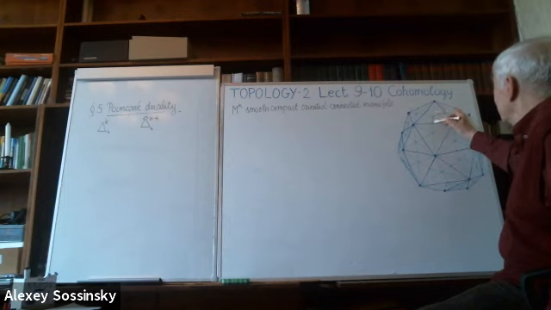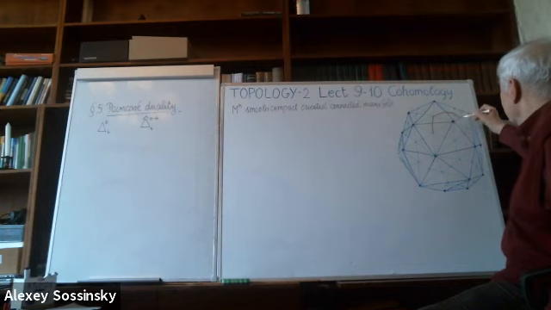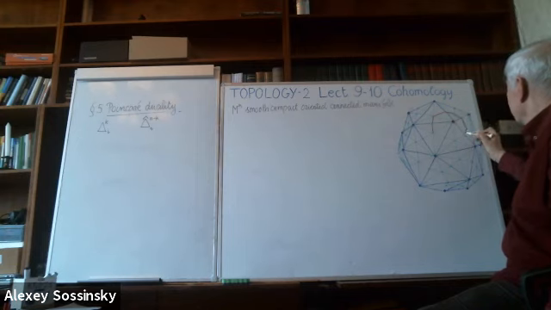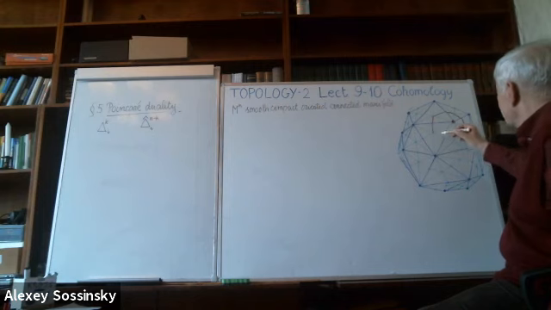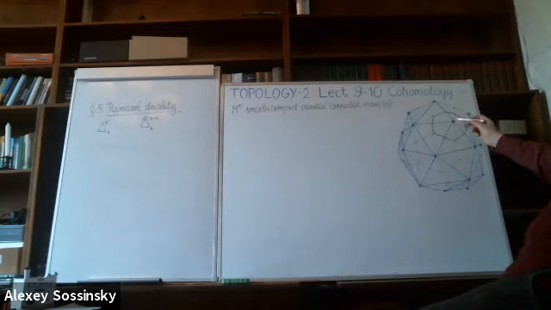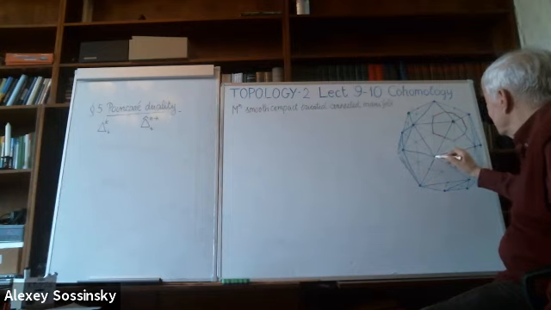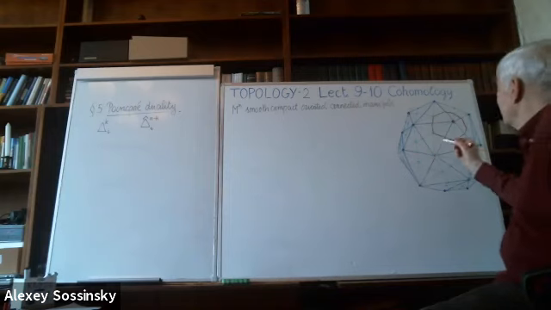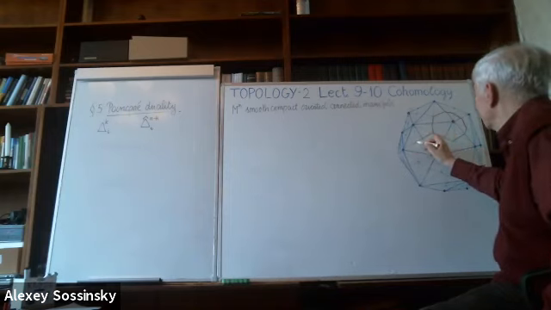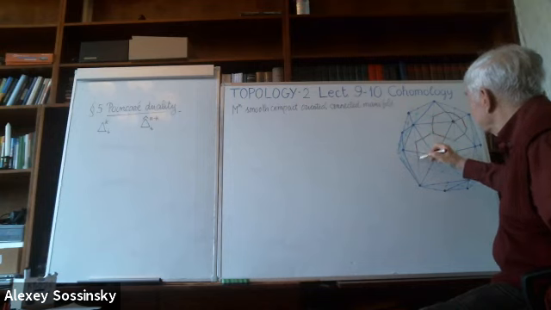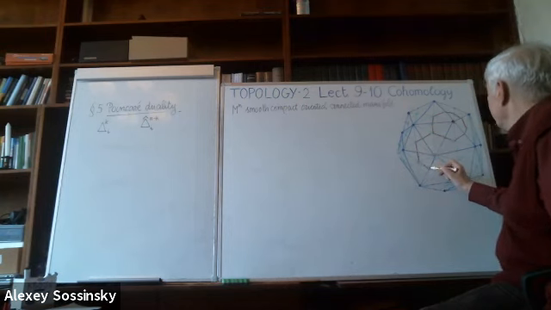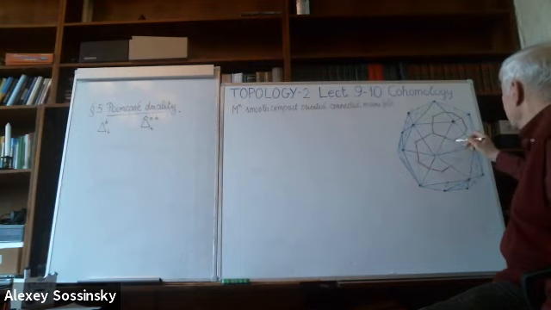So it looks something like this. So this is the cell corresponding to this vertex. If we take some other vertex, say this one, then the cell that corresponds to that will look like this.